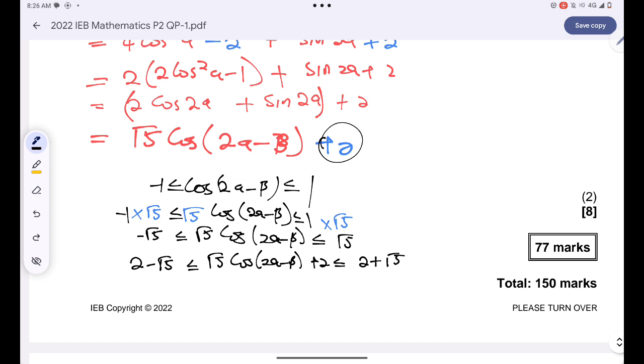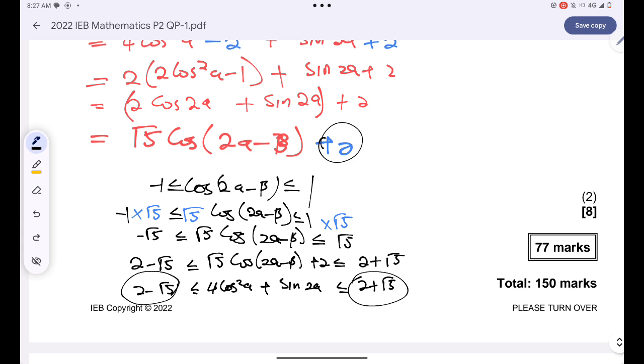Okay, now I do have my expression, guys, because I know that this thing over here is equal to 4 cos squared a plus sine 2a. So this is my minimum value and this is my maximum value.